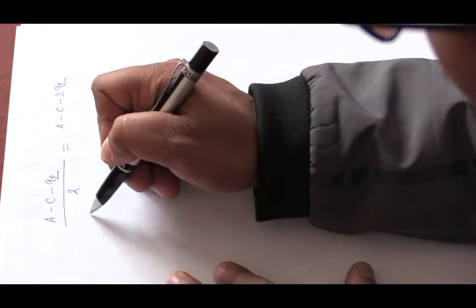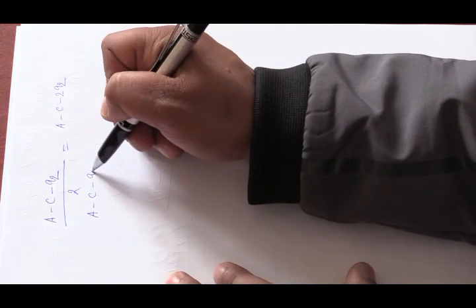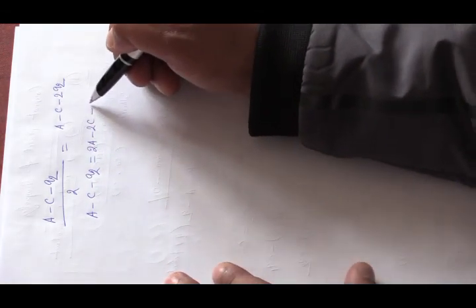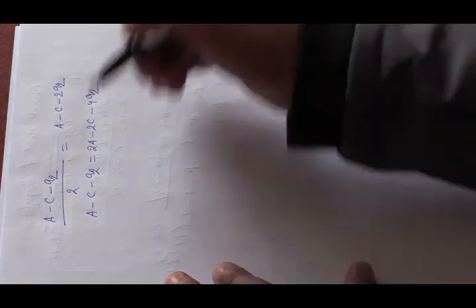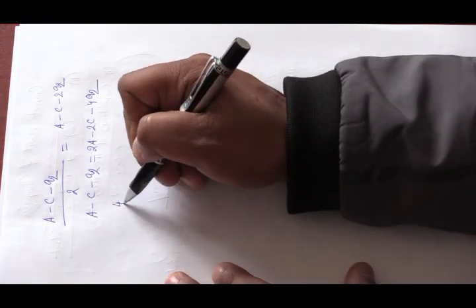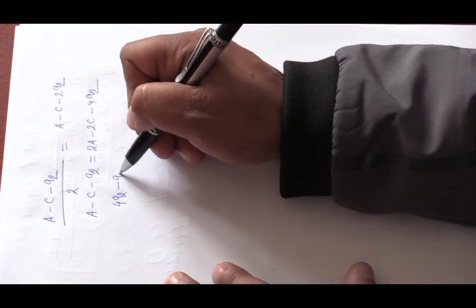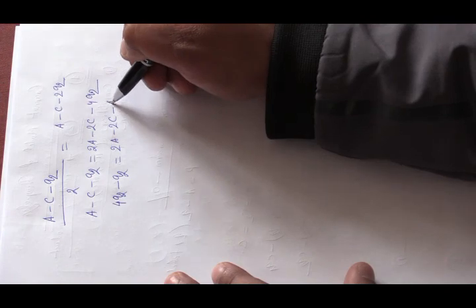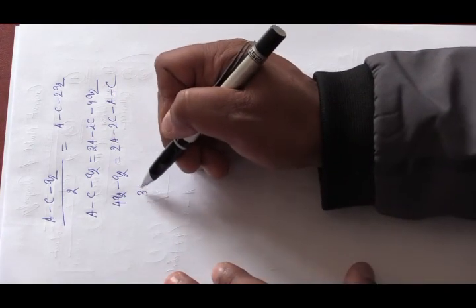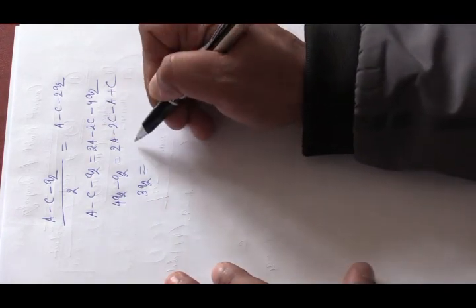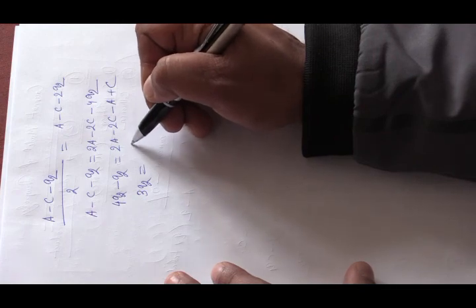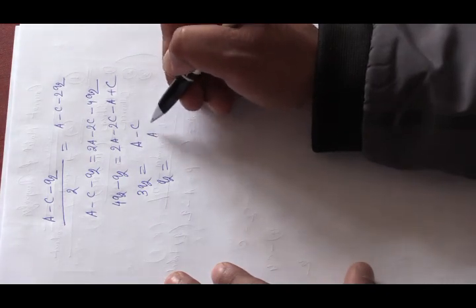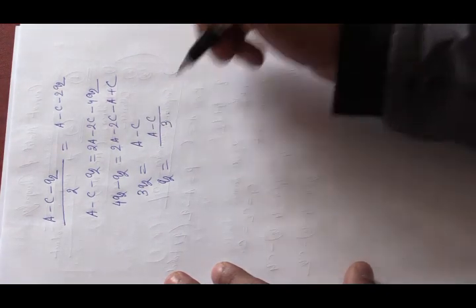By solving, if we take to the right side, 4Q2 minus Q2 equals 2A minus 2C minus A plus C. So 3Q2 equals A minus C, and hence Q2 equals A minus C by 3.